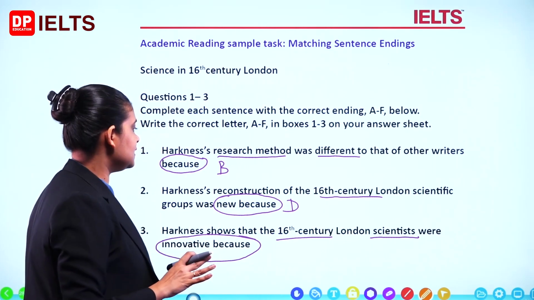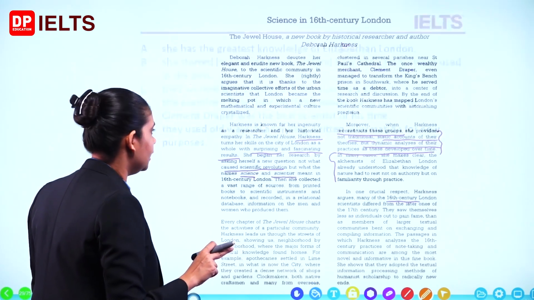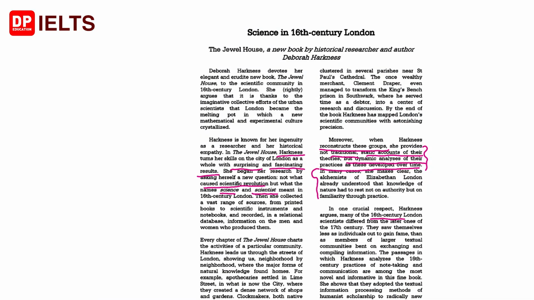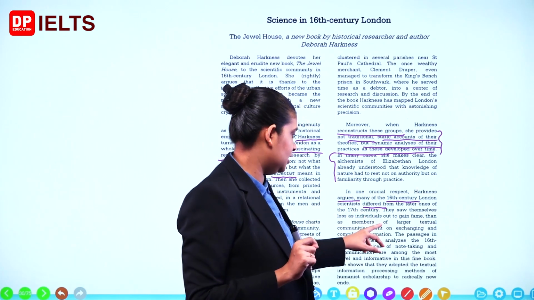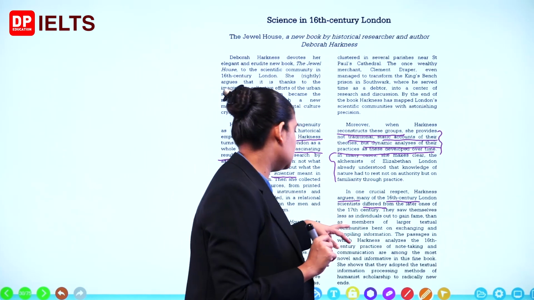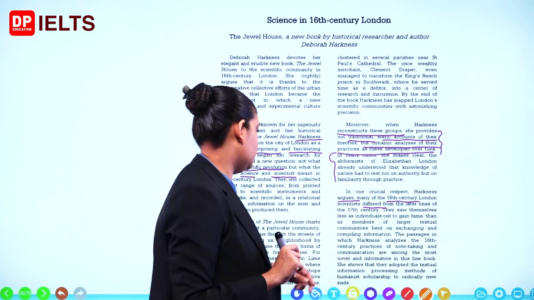Harkness shows that 16th century scientists were innovative. Why? Okay, let's see. Harkness argues that many of the 16th century London scientists differed from the later ones of the 17th century. They saw themselves less as individuals out to gain fame than as members of larger textual communities bent on exchanging and compiling information.